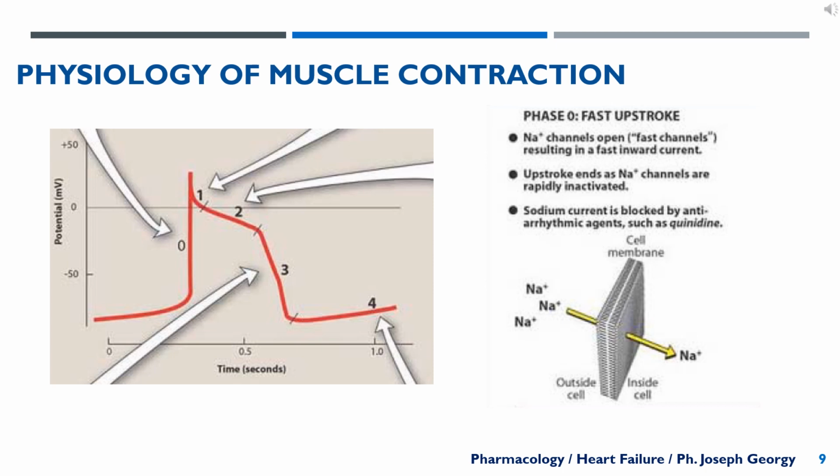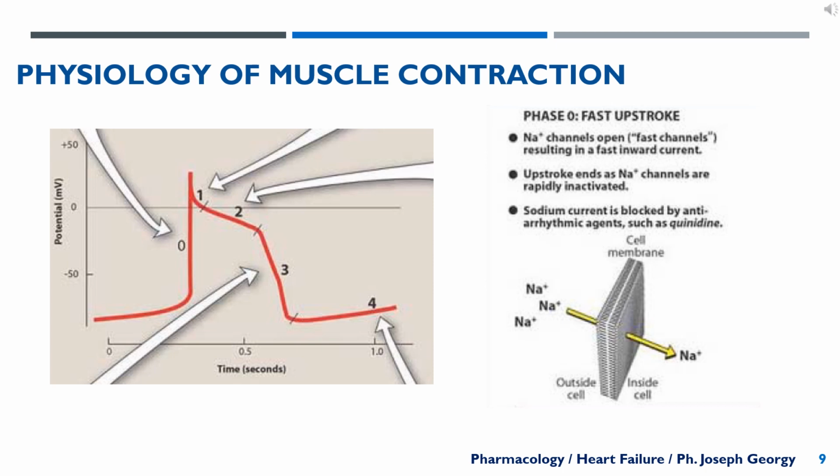So as we see here, these 5 phases occur within a second and represent the changes in the potential measured in millivolts. Now we will begin with the first phase, which is phase 0, and it actually represents the fast upstroke. Here, first of all, we should know that we have a heart muscle cell.